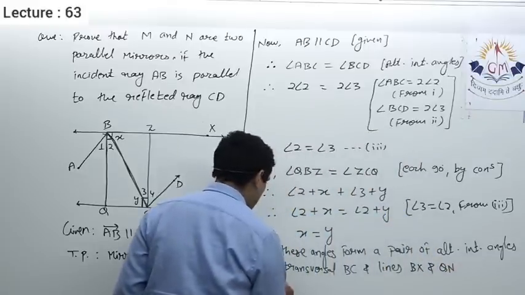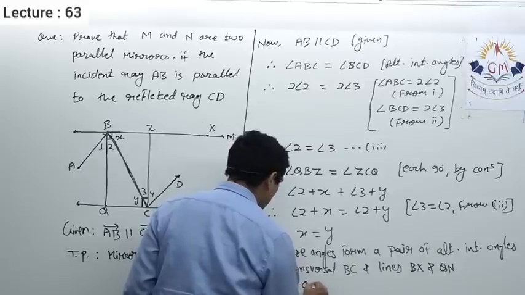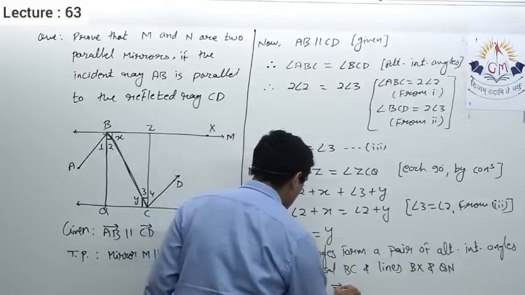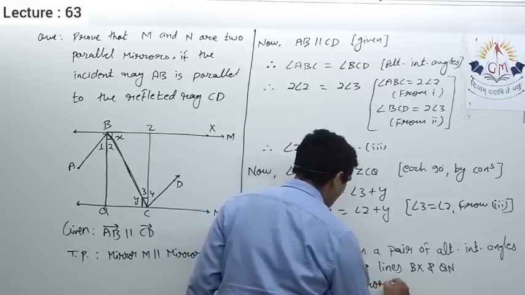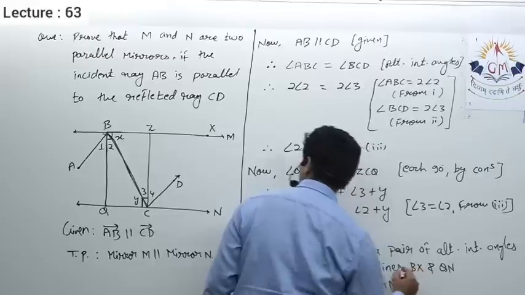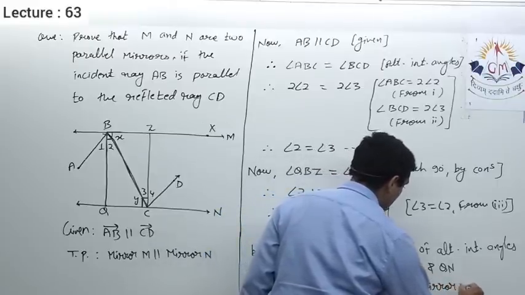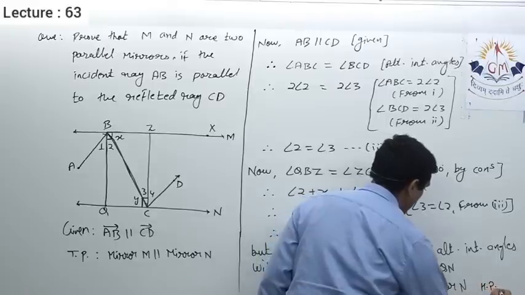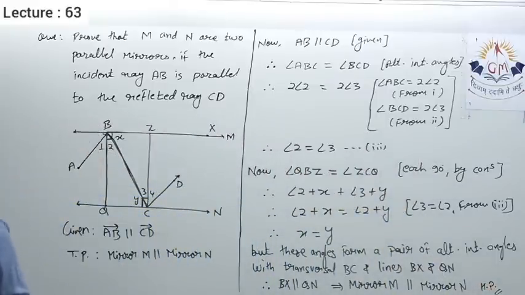Therefore I can write BX parallel to QN, which implies mirror M is parallel to mirror N, hence proved. Please note it down, then we'll see the next question.